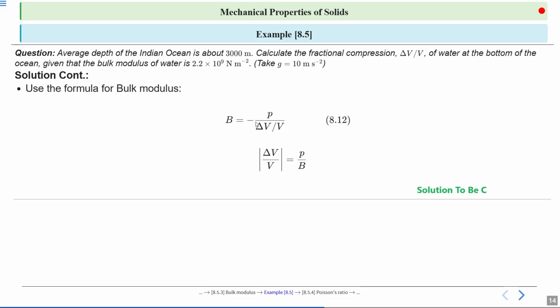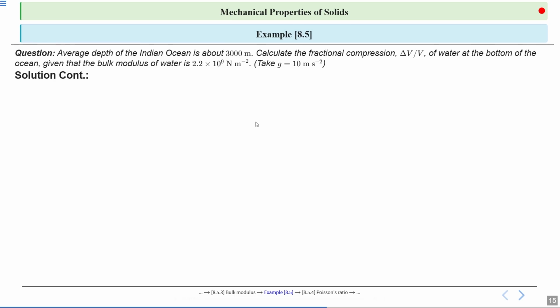Now substitute the values and calculate. The pressure at the bottom is calculated as depth times density times gravity, and we have already found that to be 3 times 10 raised to the power 7 Newton per meter squared.